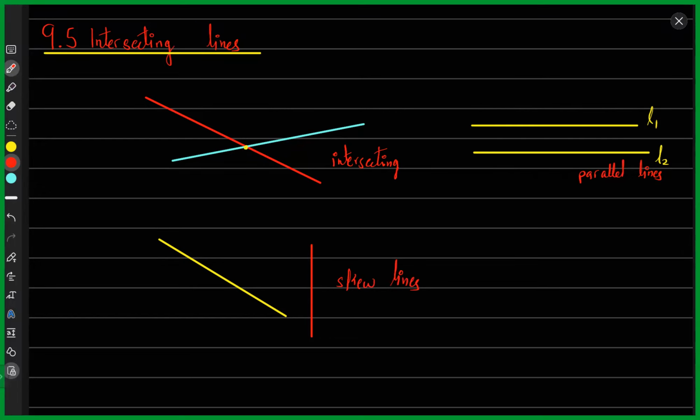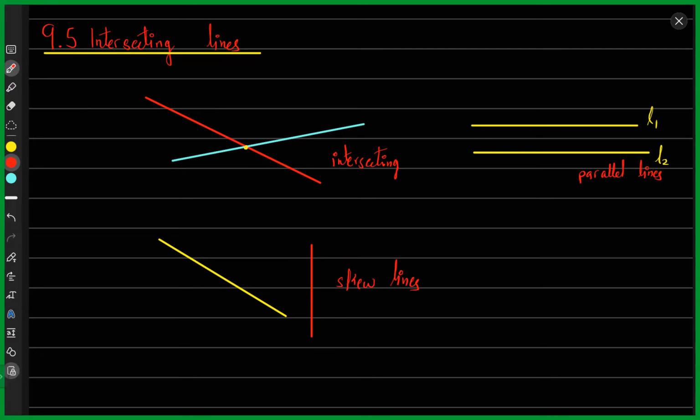And if two lines are lying on each other, that means they have infinitely many common points and they have the same direction vector, so they are coincident, which in simple words means the two lines are lying on each other. So that's a separate case. And then lastly, if we have two lines which are neither intersecting nor parallel and they are not coincident, we call that pair of lines skew lines.